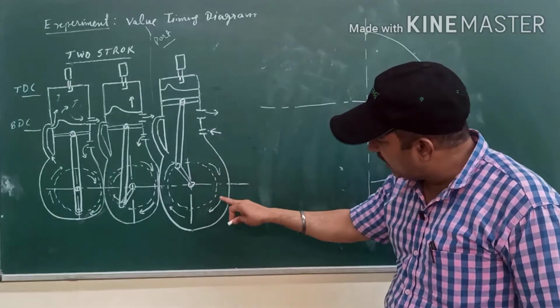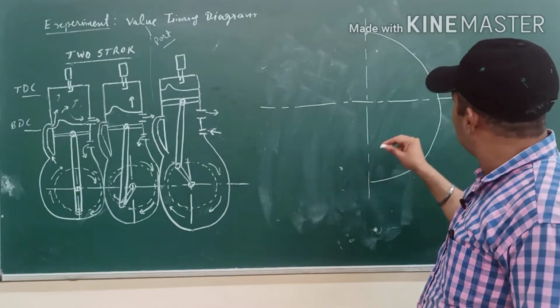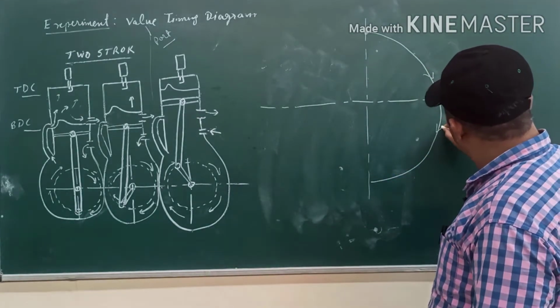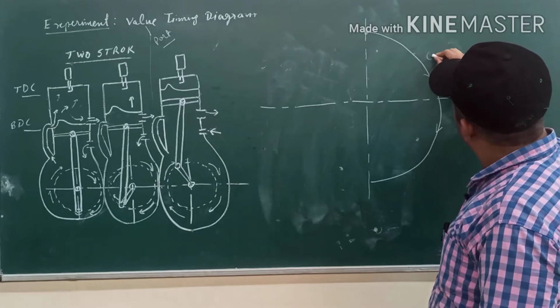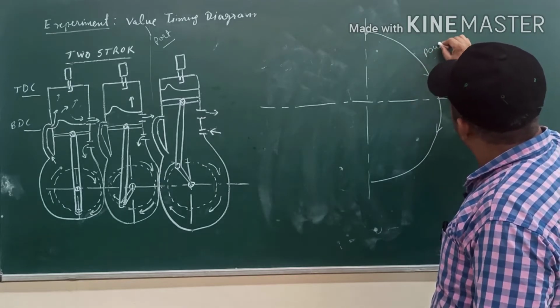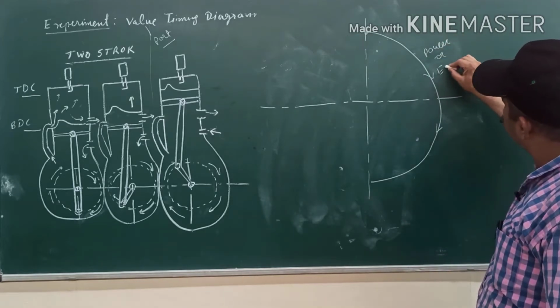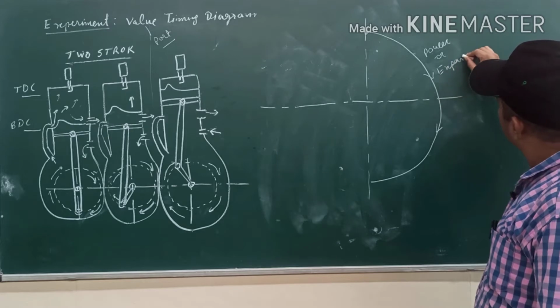So 180-degree angle is completed by the crankshaft. This is called the power, expansion or working stroke.